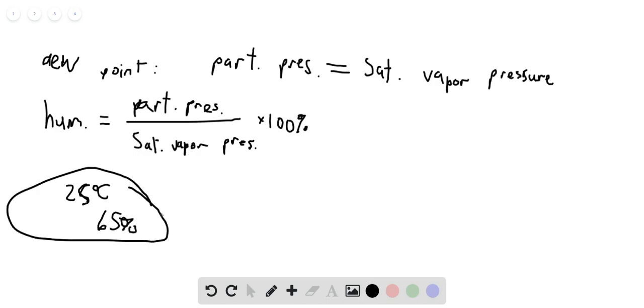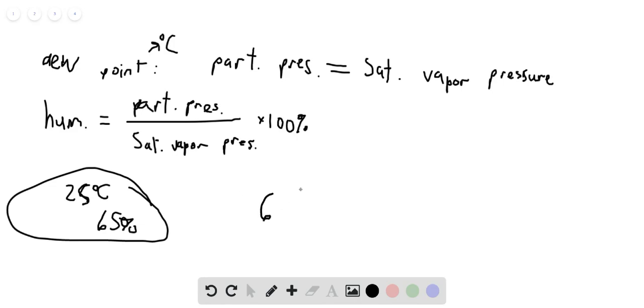What would be the dew point in that day? So, in other words, if the humidity was 100%, what would the temperature be? Because dew point is a temperature, so we want a dew point in degrees Celsius. Alright, so let's get started.